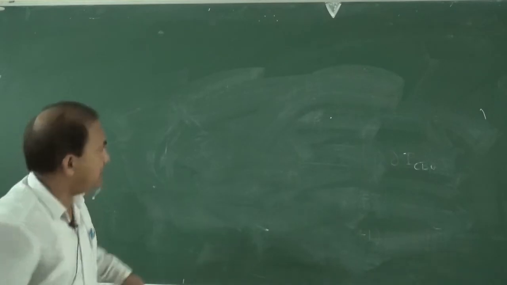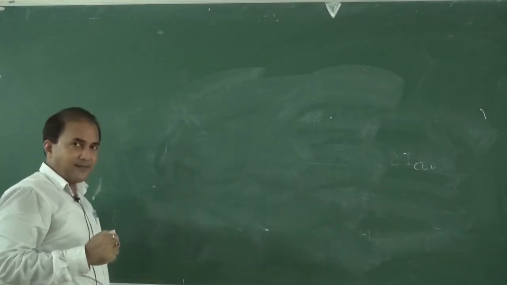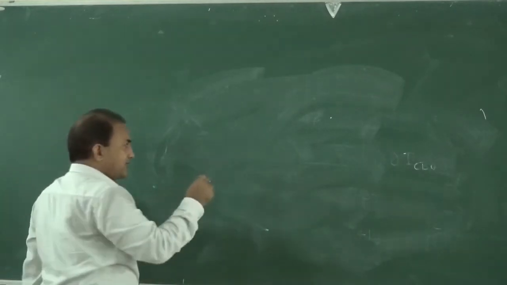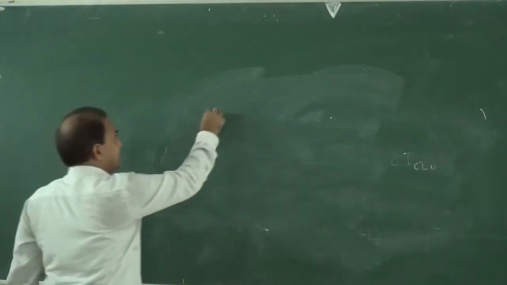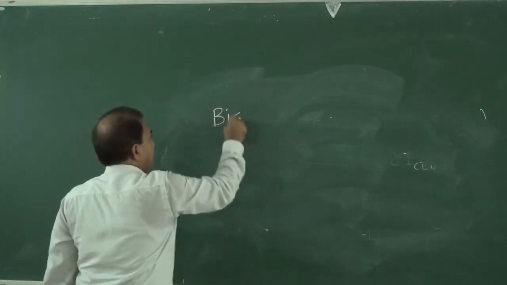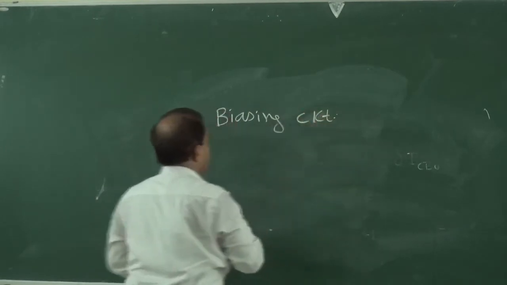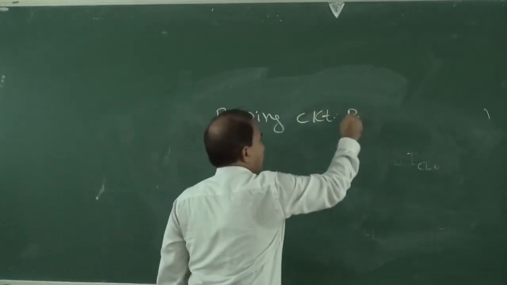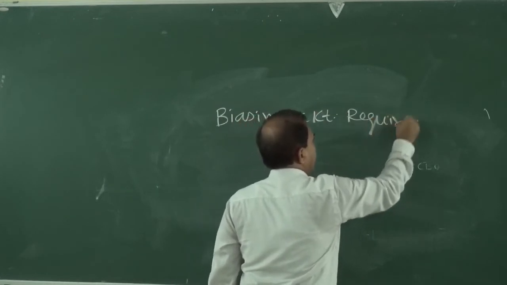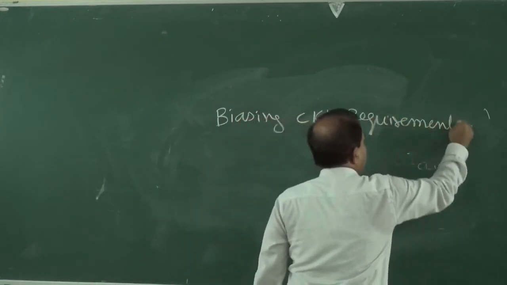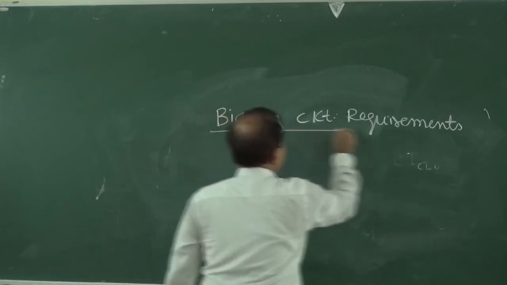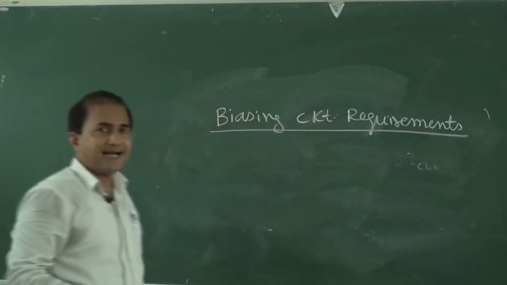So we have studied the stability factor. Okay. So what are the requirements of biasing circuit? What are the different requirements of biasing circuits?